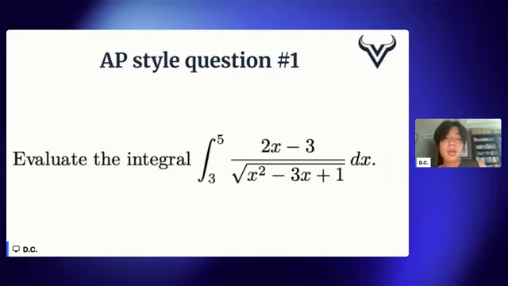Yep. Now this is one of those AP style questions, and what's different is we have bounds here. This is a definite integral, the integral from 3 to 5 of (2x minus 3) over the square root of x squared minus 3x plus 1. What we need to think about is, after U-sub, do the bounds change?